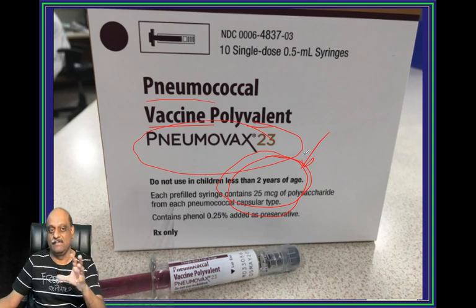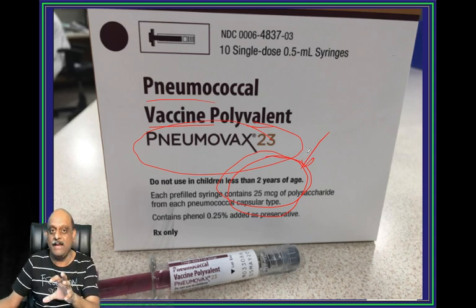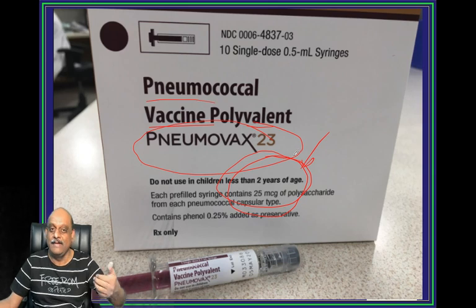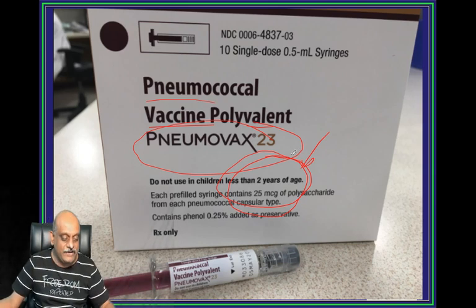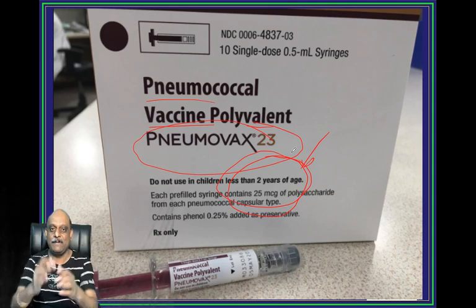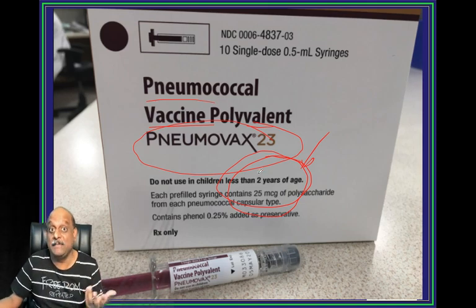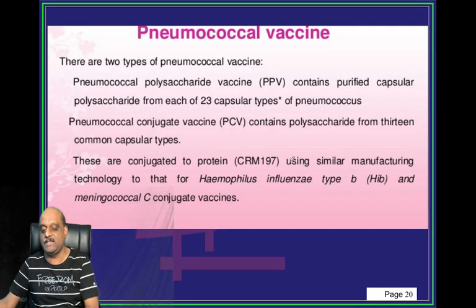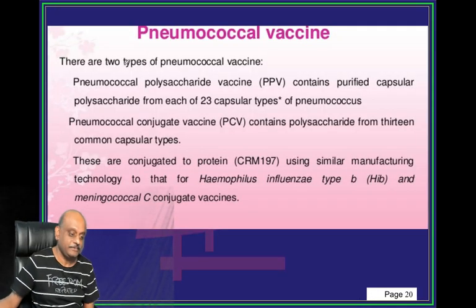The same viva external examiner will become a NEET PG examiner tomorrow, and he is going to catch up with you in the form of an MCQ. So it should not be used under 2 years of age, is what you need to remember.